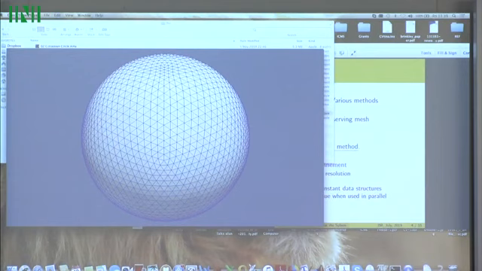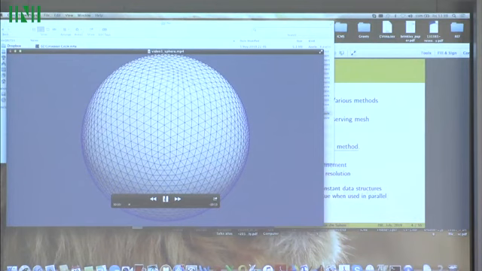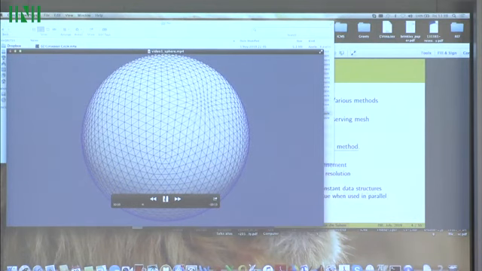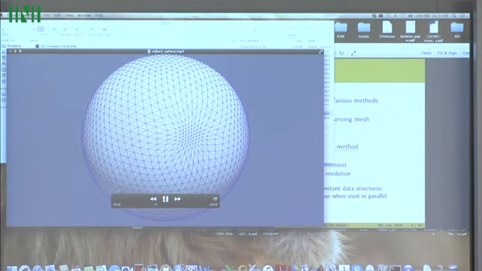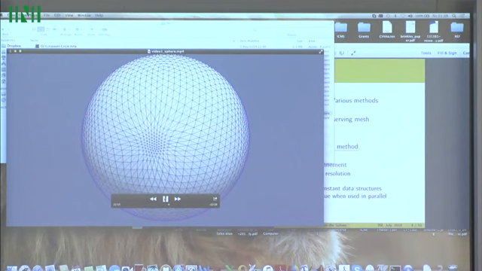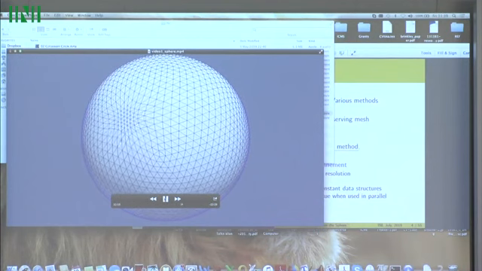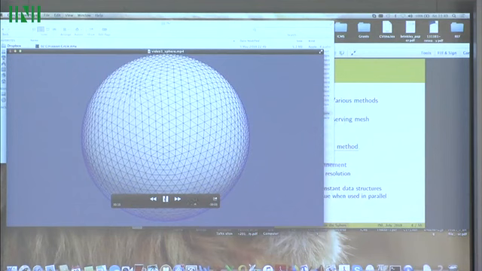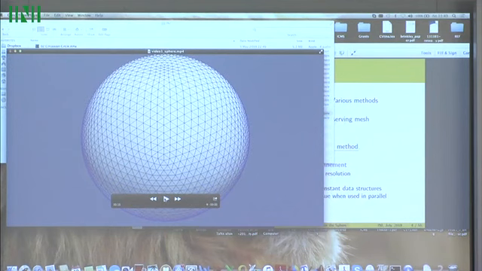I'm going to imagine we've got some sort of feature here which is going to move around on the sphere, and we are going to see if we can follow that feature with the mesh. So here we go. And as you can see, it follows it around really nicely. The rest of the mesh doesn't do very much, which is the idea. I'll just run that once again.